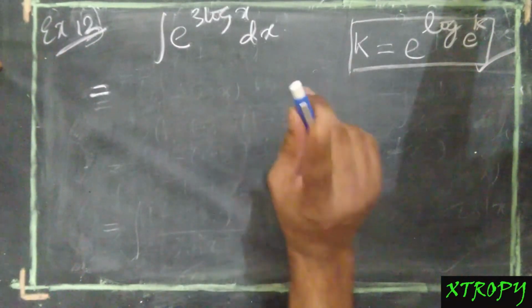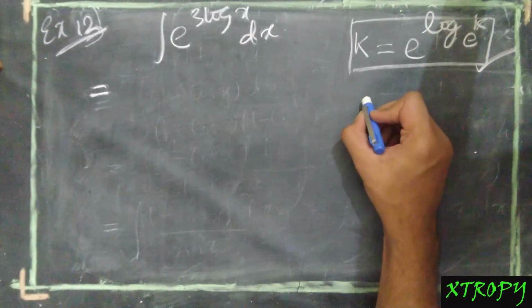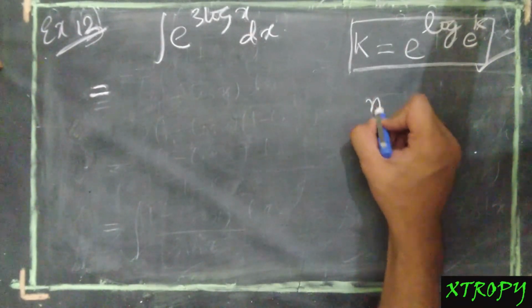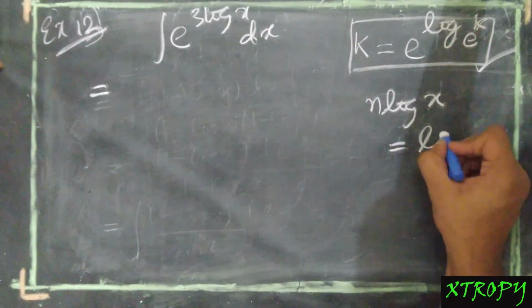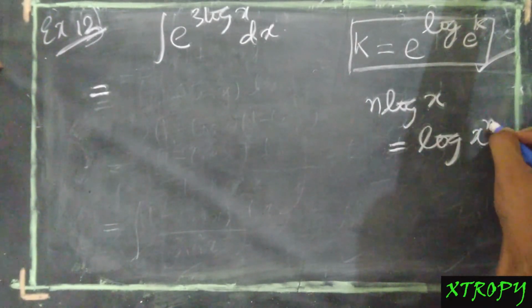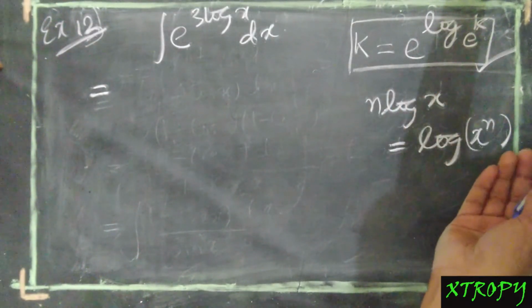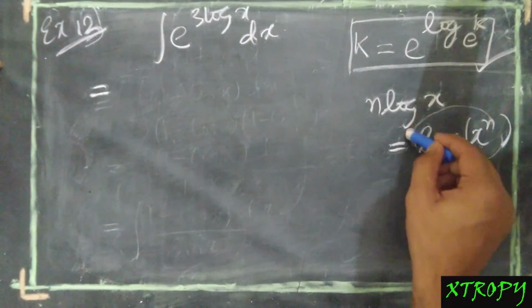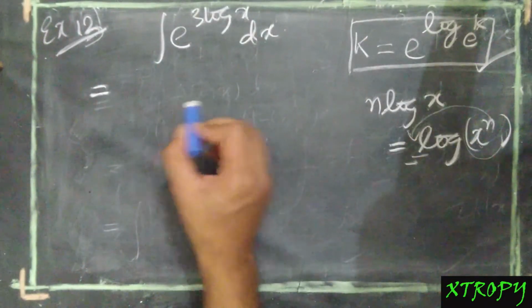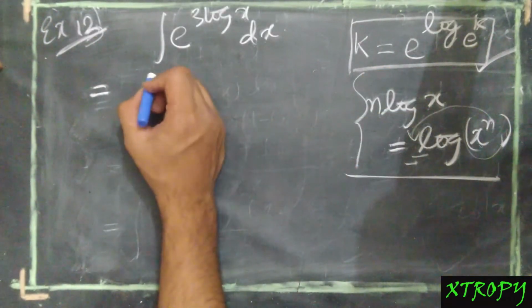We have to use another identity: suppose it is given n log x. This can be written as log x to the power n. X will get the power which is outside, or this can also be understood as the power comes down and settles over here. So we will use these two important fundamental theorems of log to solve this question.